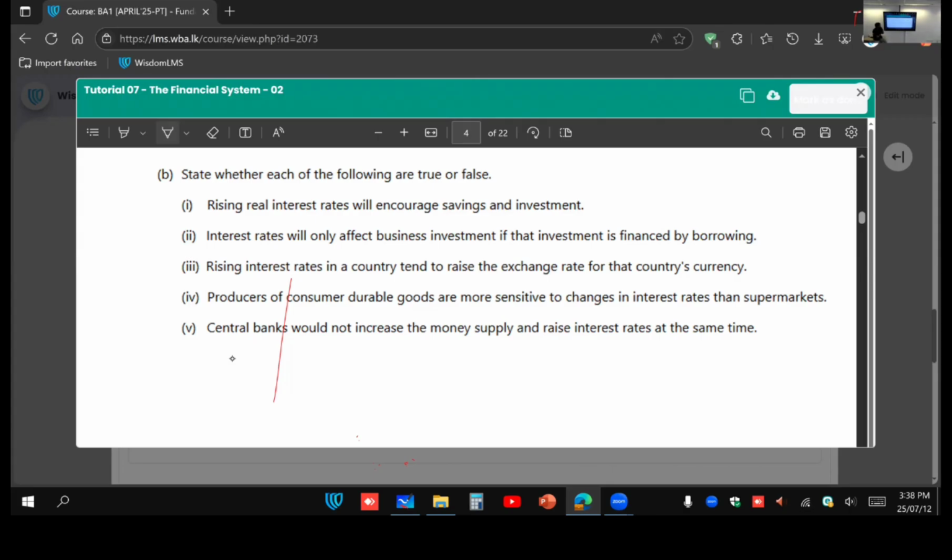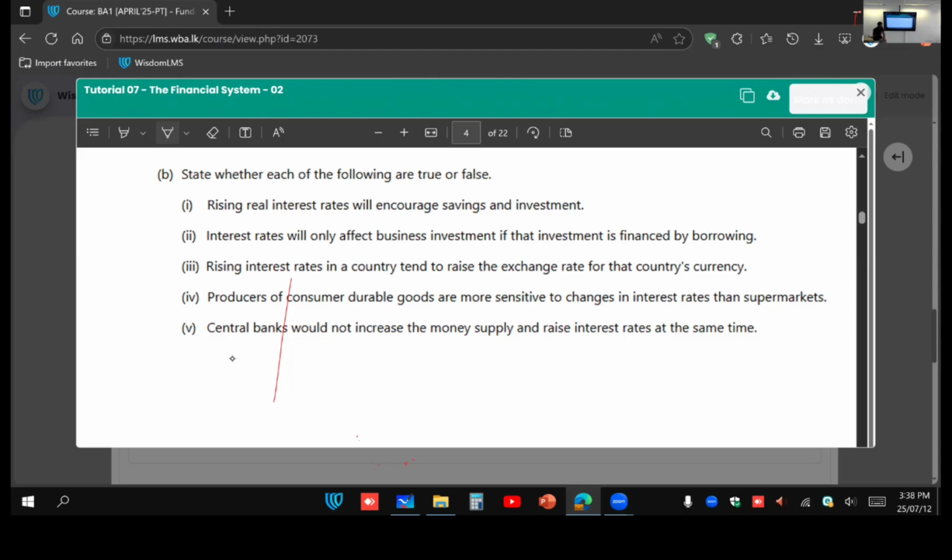Rising interest rates in a country tend to raise the exchange rate for the country's currency. Correct or not? What will happen to the exchange rate when interest rates increase?